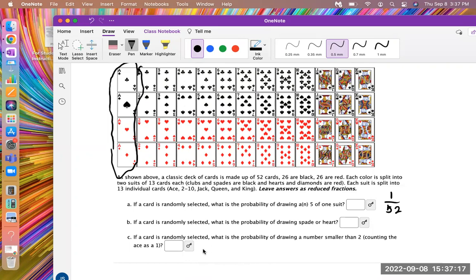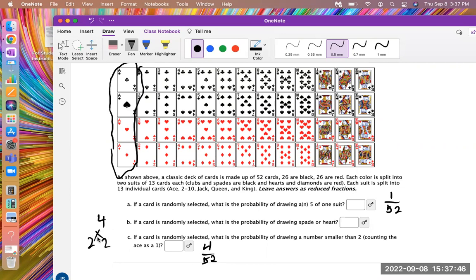So this is 4 out of 52, and be careful to make sure that you're reducing it well. A trick to reducing is, when you have a fraction, look at the smaller number, either the numerator or denominator, and prime factor that number. The prime factors of the smaller number are the only numbers you have to check to make sure they don't divide into the bottom number.